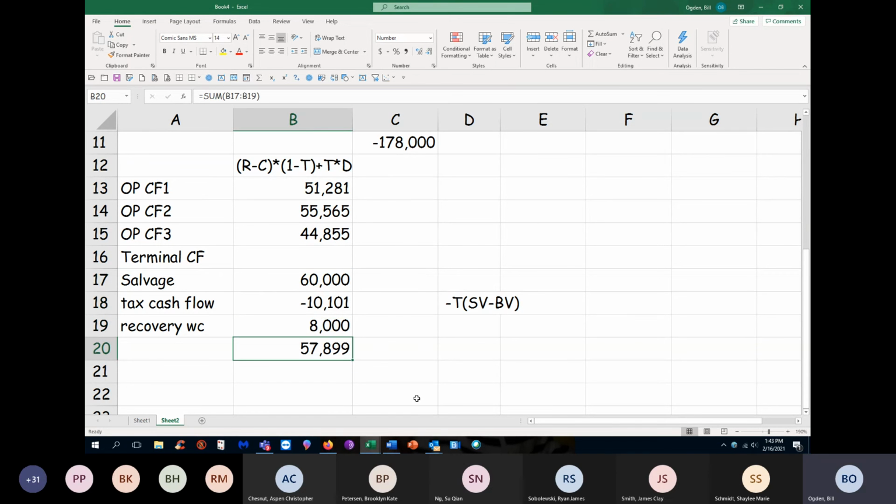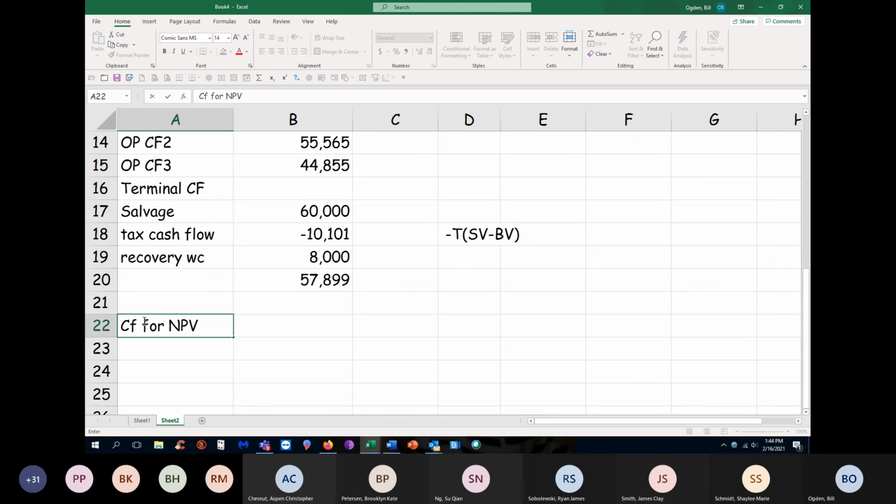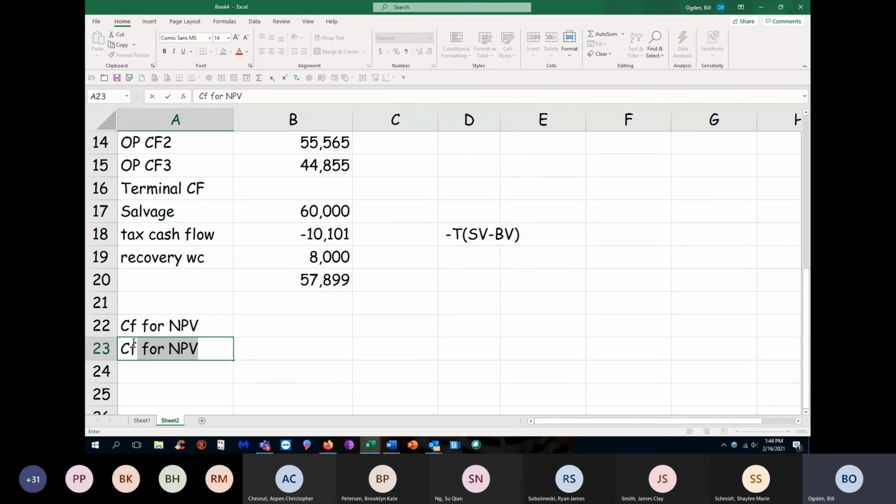All right, so let's put these together then. Let's do our cash flows for capital budgeting. So cash flows for NPV. Right, the terminal cash flow is a year 3 cash flow. So we're going to piggyback that right on to the operating cash flow. We're going to have cash flow 0, and then we'll go through cash flows 1 through 3 after that.